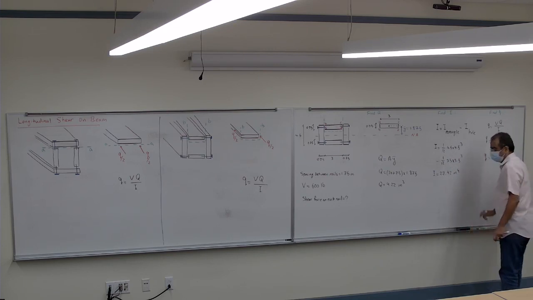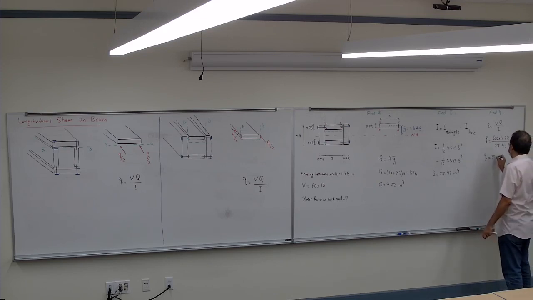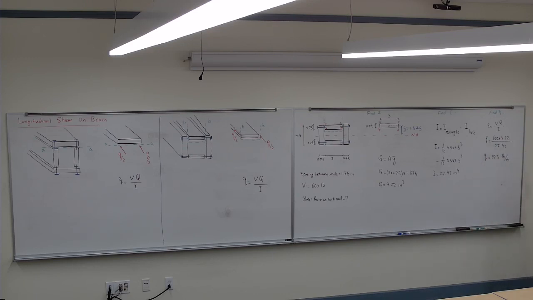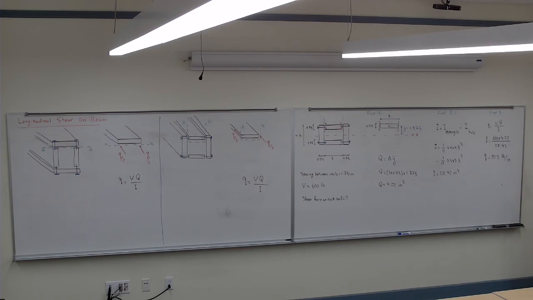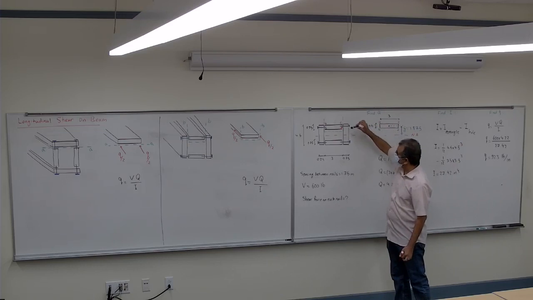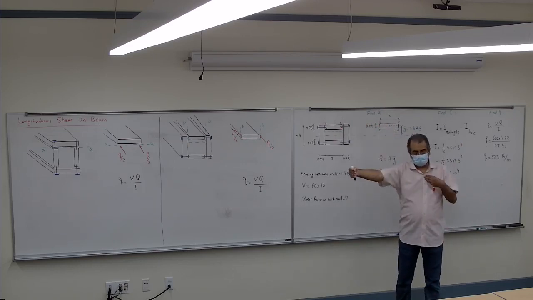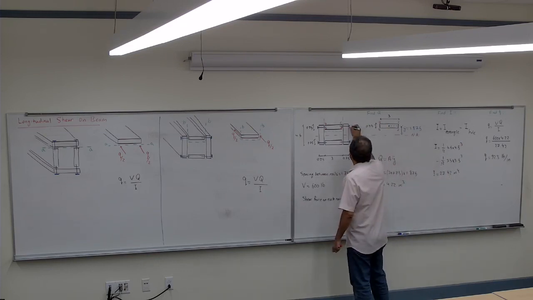So q would be 92.3 pounds per inch. Remember that q is the force per unit of length. So per inch, sorry, because we're mixing up our systems now. Remember that q is the longitudinal force per every foot or per every meter, depending on what unit we are using.